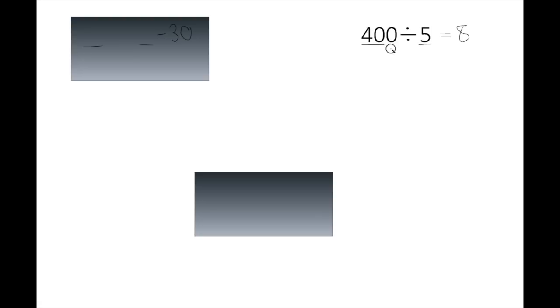One more zero, right? This one right here, we're ignoring this one because we've already used it. So that means we have to add one more 0 to our answer. And if you were to check, if you were to be solving 80 times 5, this would be true because 80 times 5, you would write 40 first and then your extra 0, right? So 400 divided by 5 equals 80.